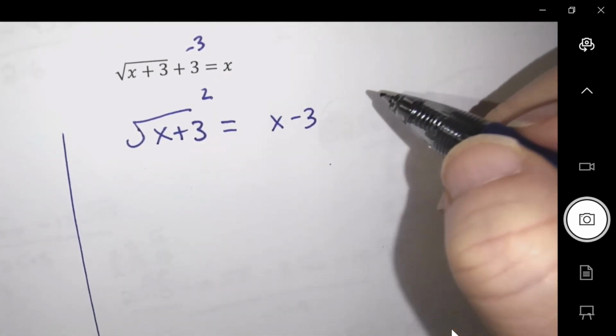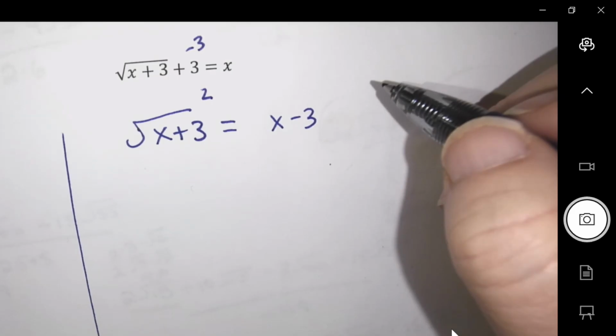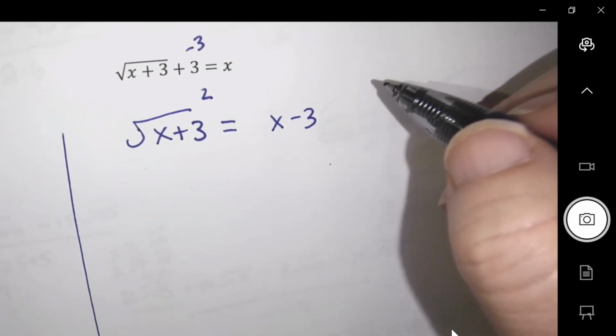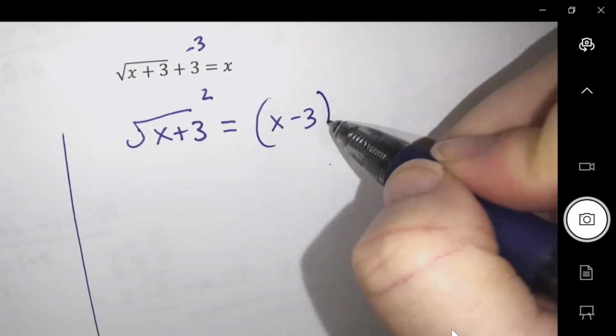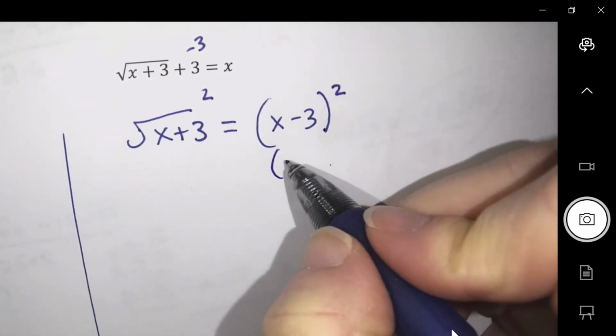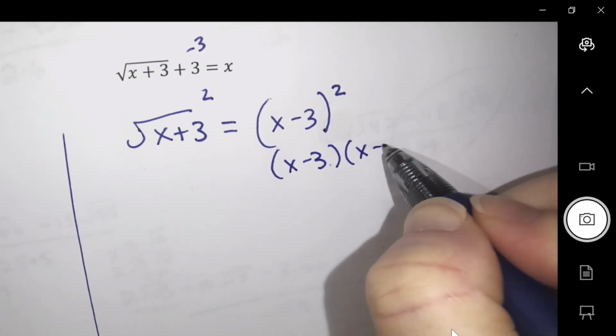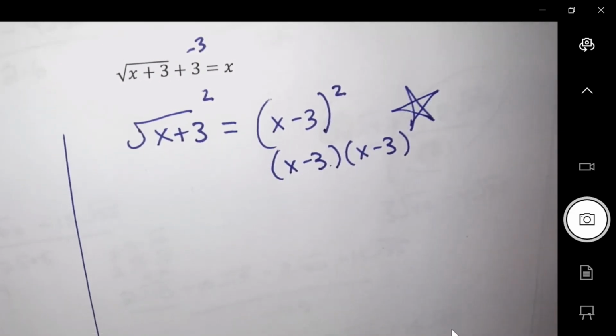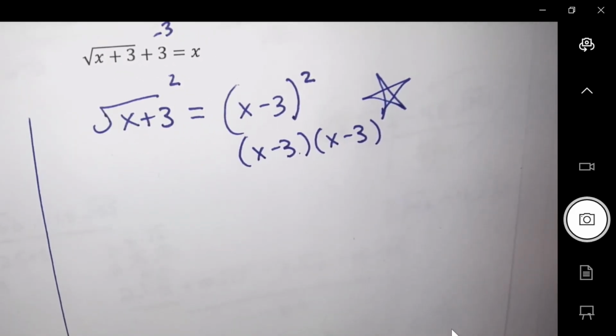Square both sides. What do you need to do if you're going to square that side? You're going to need to understand you're squaring the unit. Biggest mistake on the test. And by the way, if you make the mistake, your quadratic is not going to be factorable and you're going to be up in the tree thinking how to do this.